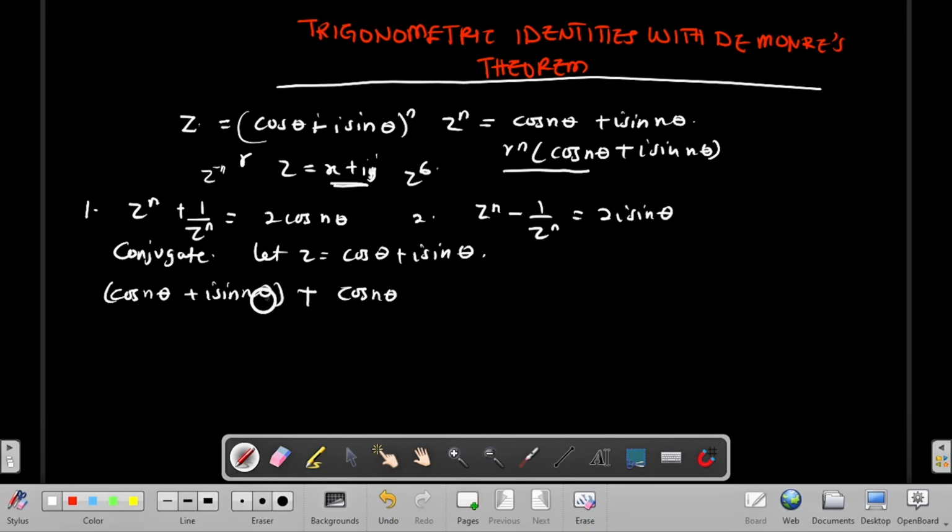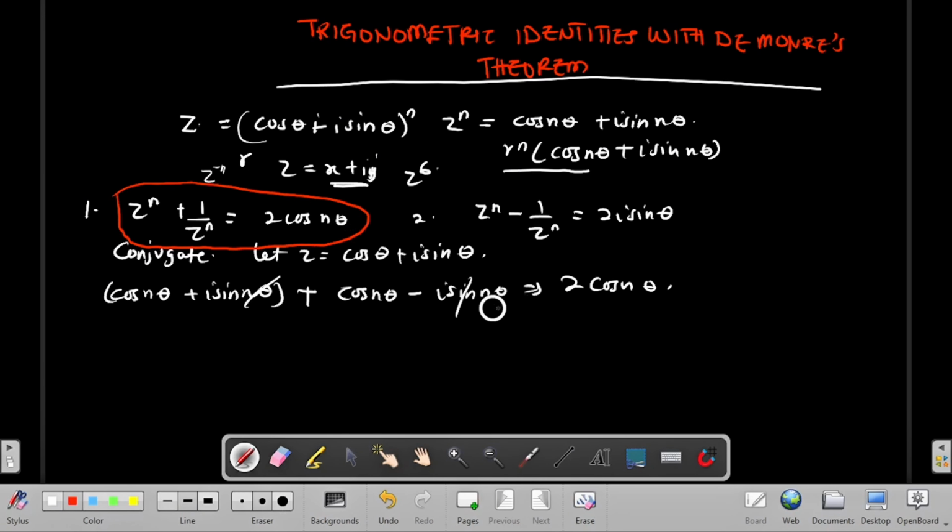But sine is an odd function, so I'll get minus i sine n theta. Once I do this, cosine plus cosine is 2 cosine n theta, sine and sine cancel, and that is it. So from our identity here, you can clearly see that we have proven it.